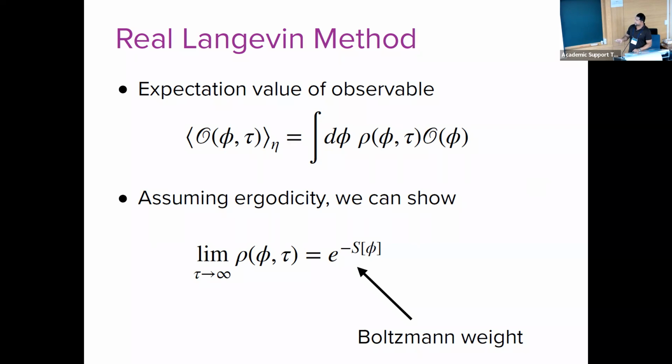There is a probability weight, rho of phi comma tau, O of phi. If we assume ergodicity in our system, we can analytically show that in the large Langevin time, when this parameter tau goes to infinity, this probability distribution, which is coming through this Fokker-Planck equation, should be equal to the Boltzmann weight. We can show that formally for real Langevin.